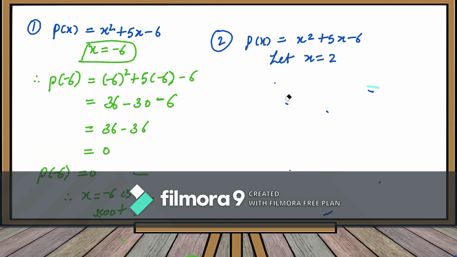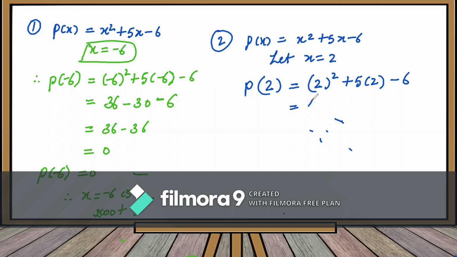So now we'll put this value of x in the given polynomial, substituting it. So p of 2 is equal to 2 square plus 5 into 2 minus 6. What is 2 square? 2 square is 4, plus 10, minus 6. So basically that's 14 minus 6, which is equal to 8.